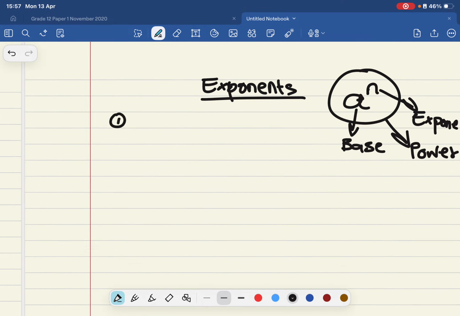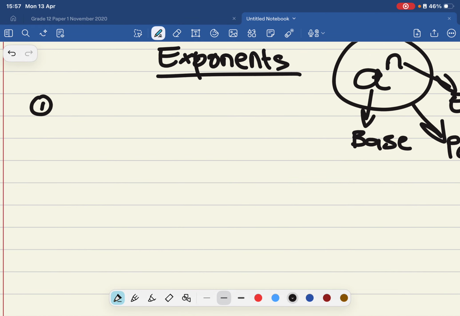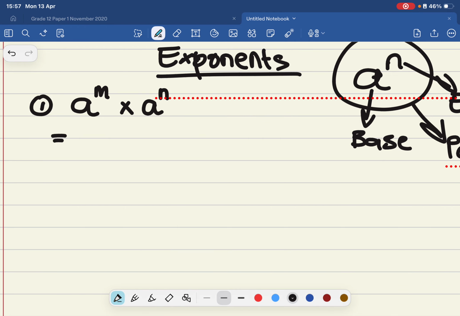The first law of exponents says when I am multiplying powers with the same base, so it's a to the power of m multiplied by a to the power of n, my answer will be a to the power of m plus n.